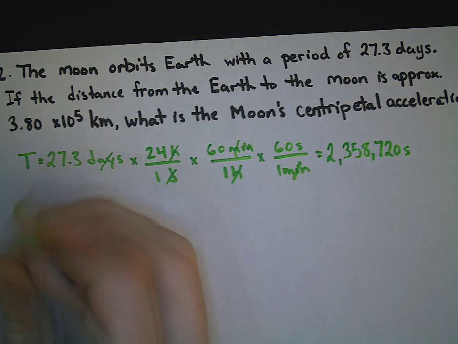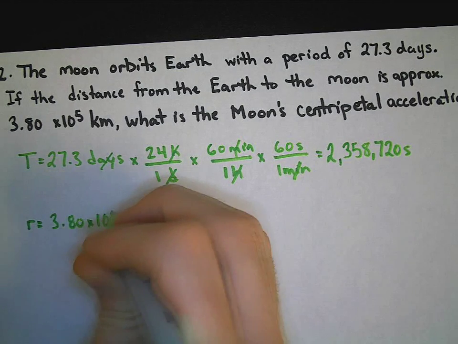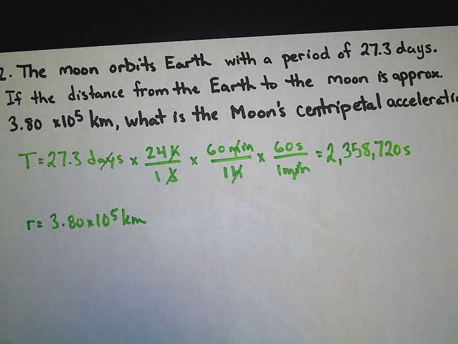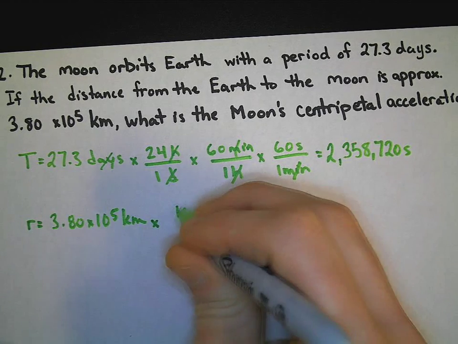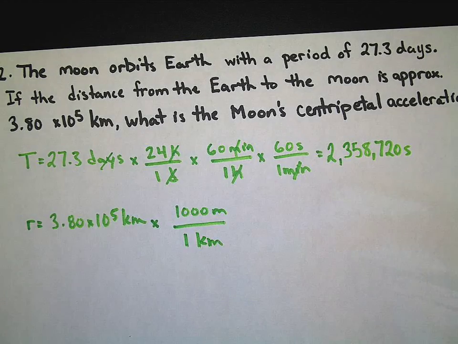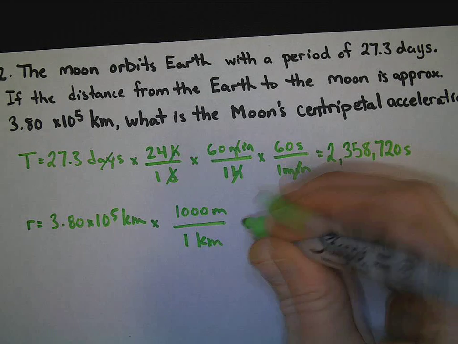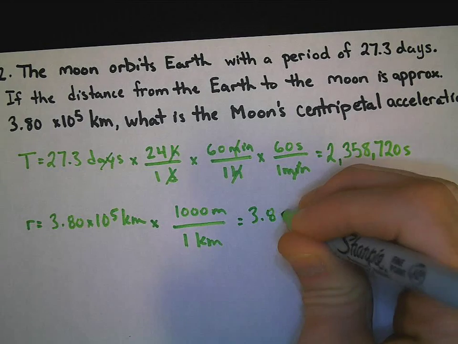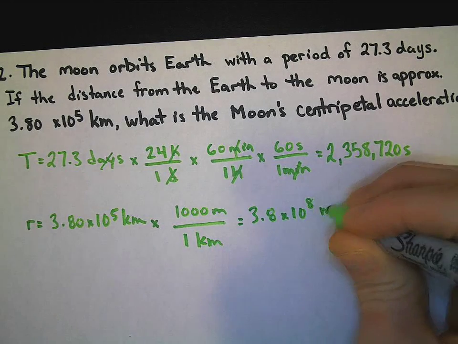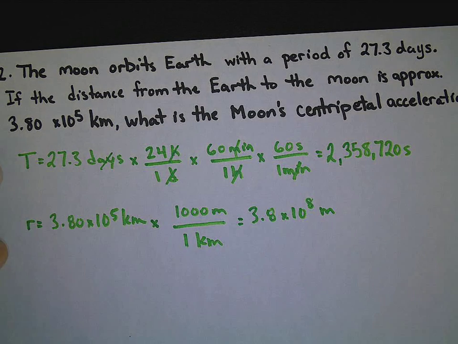Our radius now, 3.80 times 10 to the 5 kilometers. Let's convert that into meters. There are 1,000 meters in a kilometer. So that will be 3.8 times 10 to the 8 meters. We have our radius, we have our period.